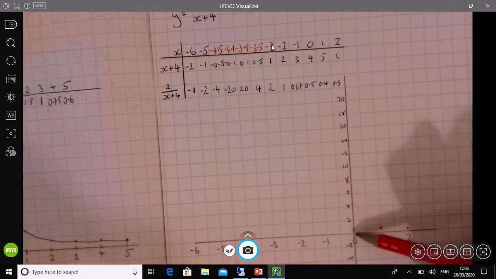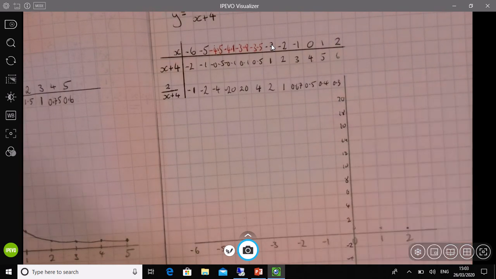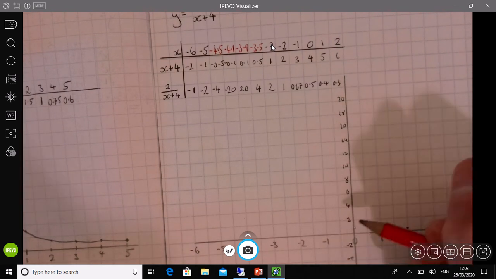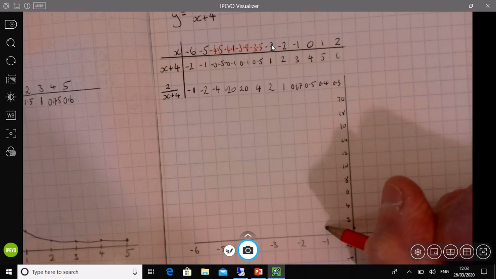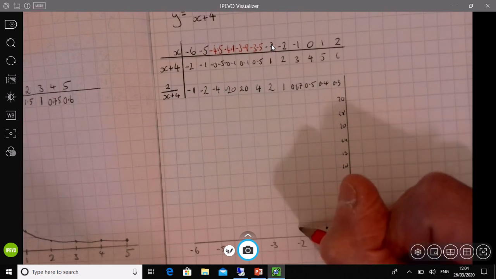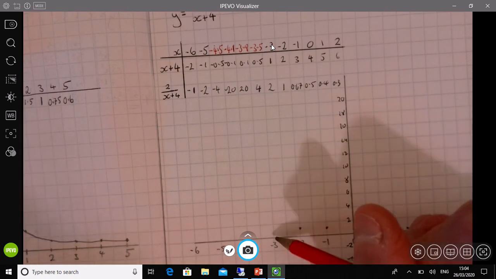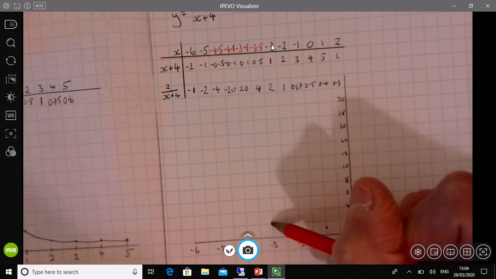And 0 went to 0.5, just as close as you can. Minus 1 went to only just a tiny bit more. These aren't exactly in the right place, but they're as close as we can get. Minus 2 went to 1, so it's still only in there. And then minus 3 jumps up slightly.